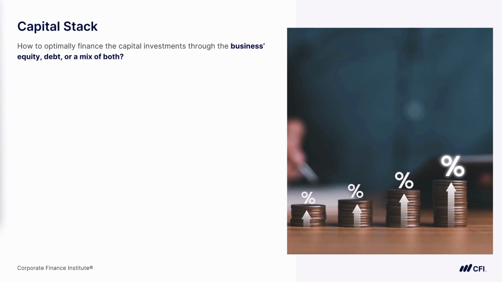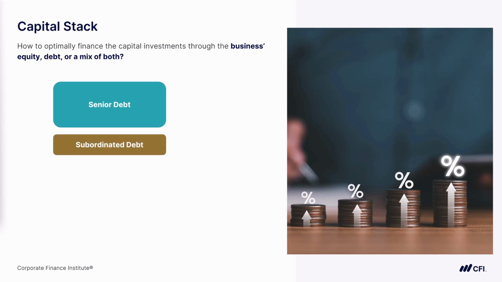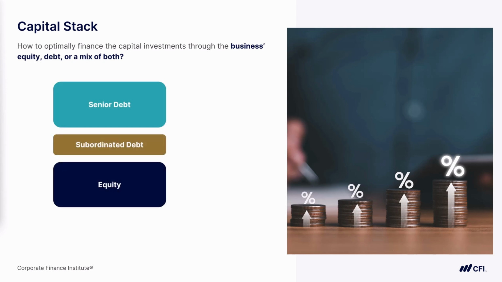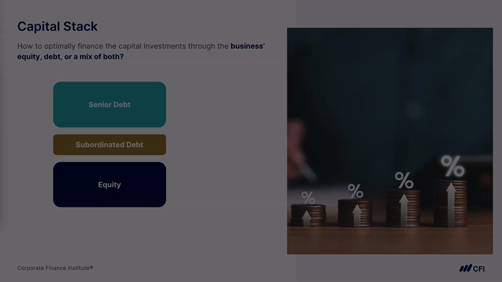For example, in order to finance a business, the company may have senior debt, some subordinated debt, and then some equity. You can see that these pieces of capital are often stacked vertically, hence the name, the capital stack. And on the top, we're showing the lowest risk investments like senior debt, going down to the highest risk investments at the bottom like equity.